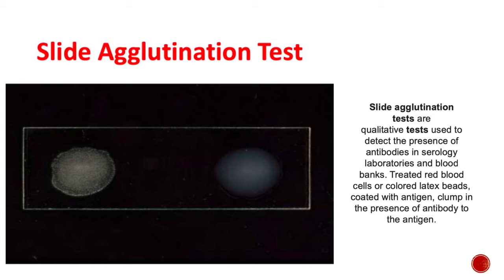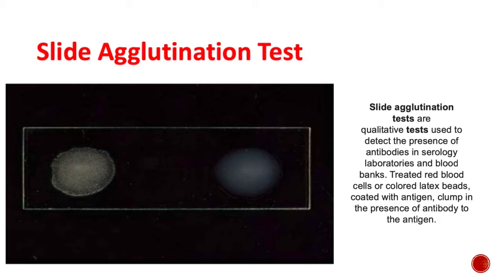So this test is called the qualitative test, and basically it is used in the serological laboratory or blood bank. So how can it be done? There will be treated red blood cells or colored latex beads coated with antigen, and they will clump in the presence of antibody to the antigen.